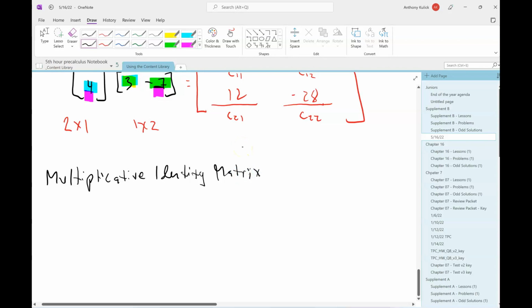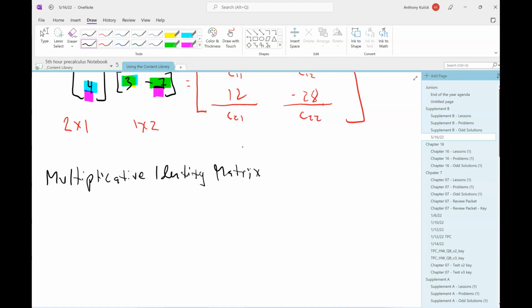So when we multiplied real numbers together, way back in elementary school, what was the multiplicative identity for real numbers? It's the number that you can multiply with that just gives you the same number back every time. 1, right? So 1 times a number is itself.